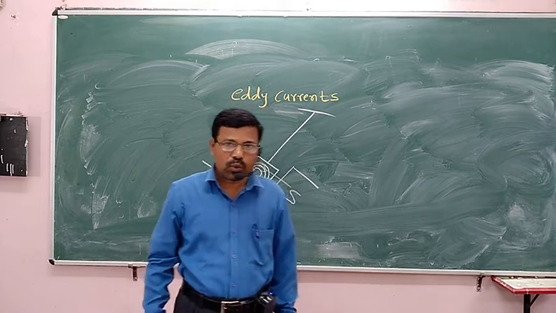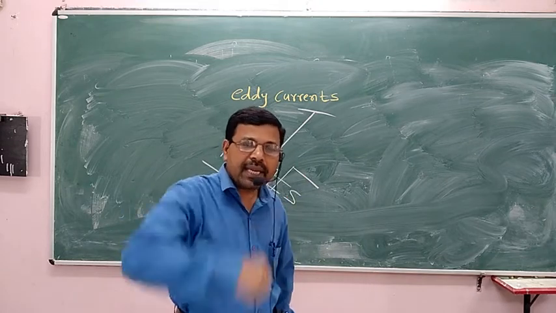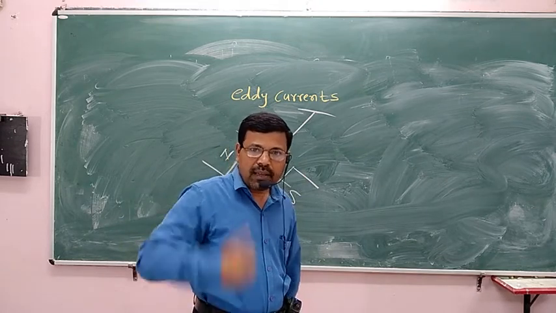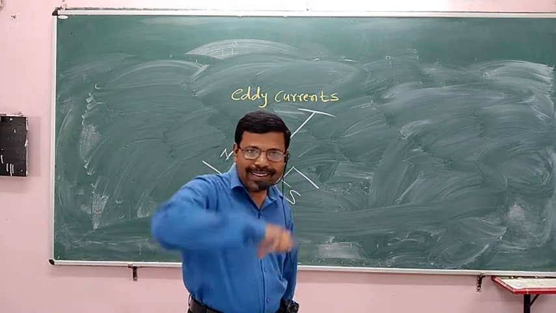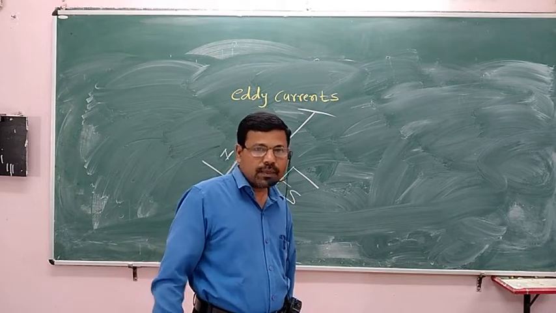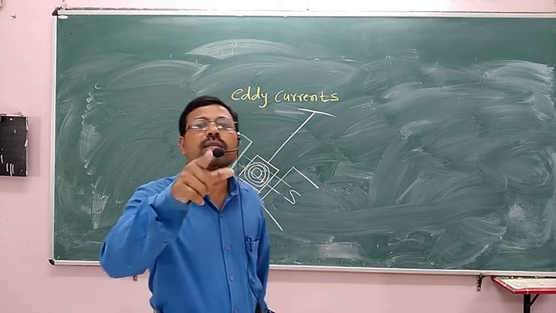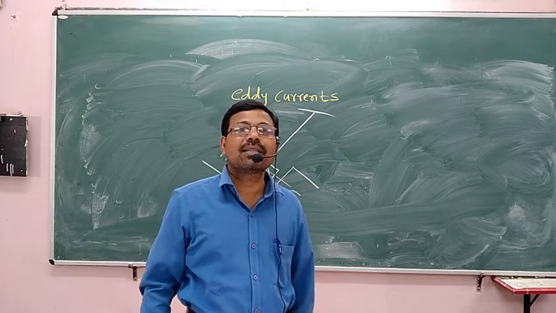Eddy currents are also used in the magnetic braking system. The electromagnetic braking system is adopted in trains, where eddy currents are used. Eddy currents are also used in the induction furnace.